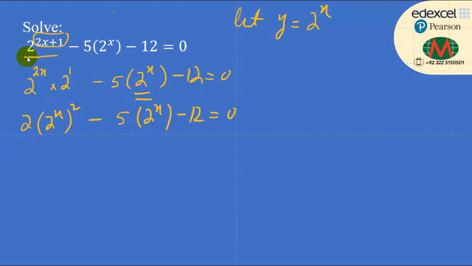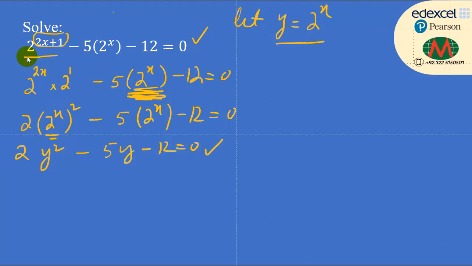Whenever you have to use a code, it is better to start with the middle term. In the middle term, it is 2^x, so take the code y is equal to 2^x. Now bring this code here. It becomes y squared: 2y squared minus 5y minus 12 equals 0. Now this indices quadratic equation, using this code, has converted to a standard quadratic equation.